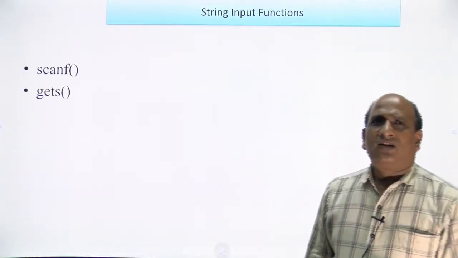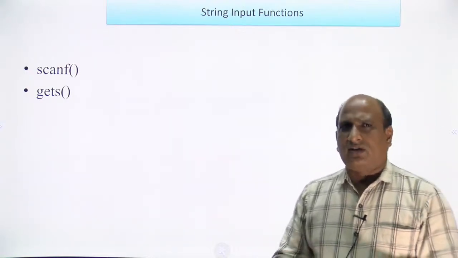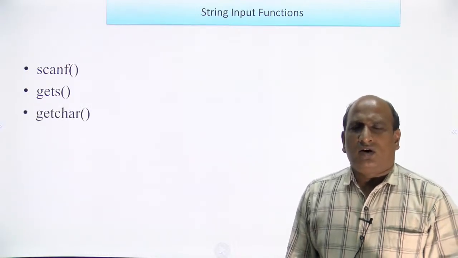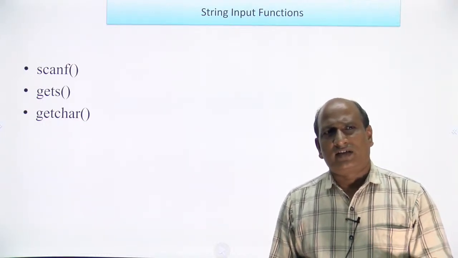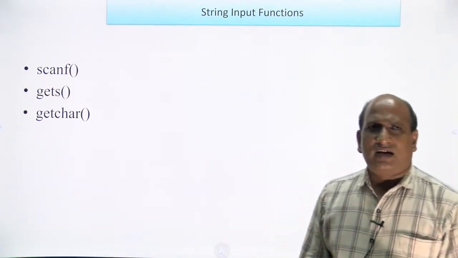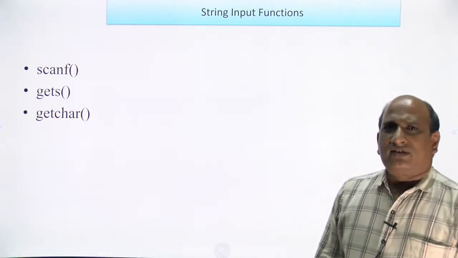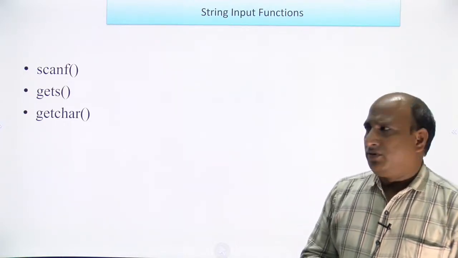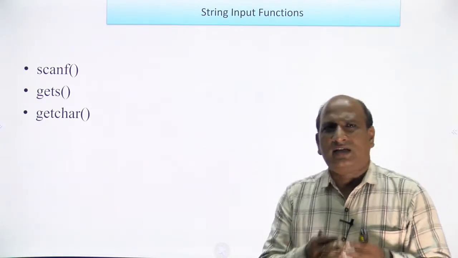these are the functions for taking input strings. If you want to input a string, the scanf function may be used, the gets function may be used, or the getchar function may be used. The scanf function and gets function both take a string as input. The only difference is that when we take a string input by scanf, a string with spaces may not be taken as input, because whenever a space arises, the compiler terminates the scanf function.